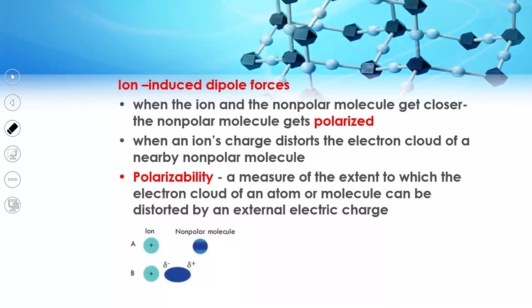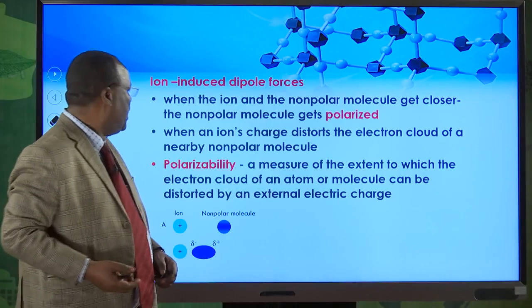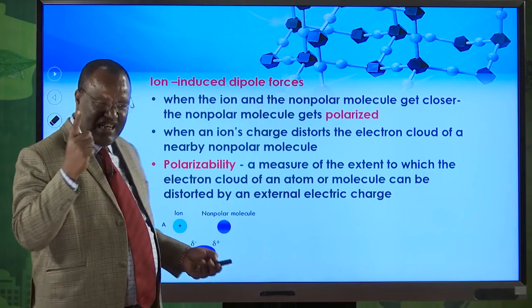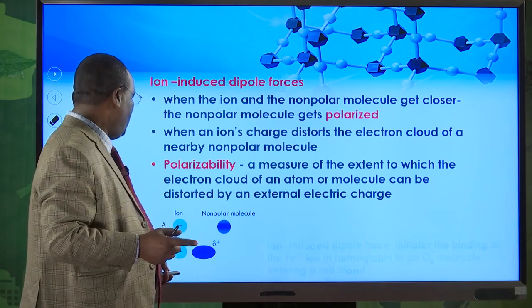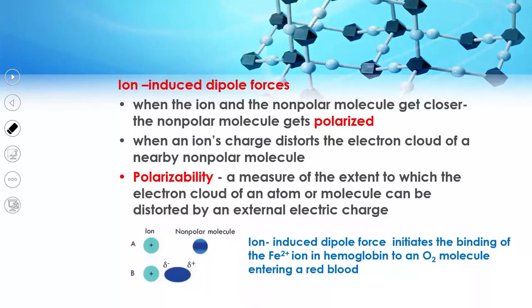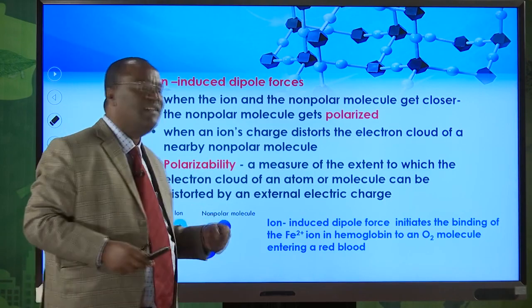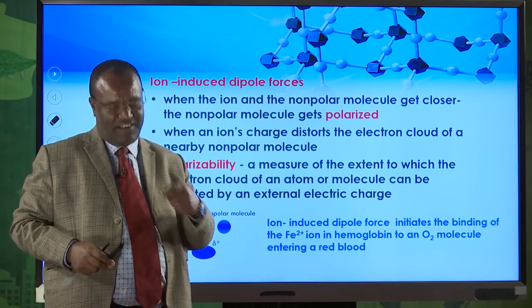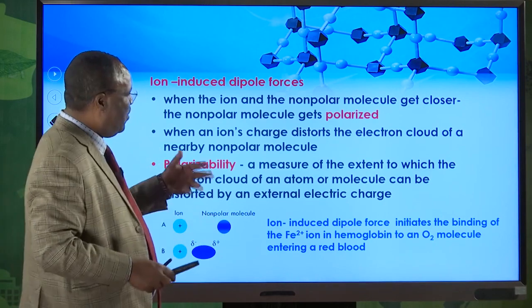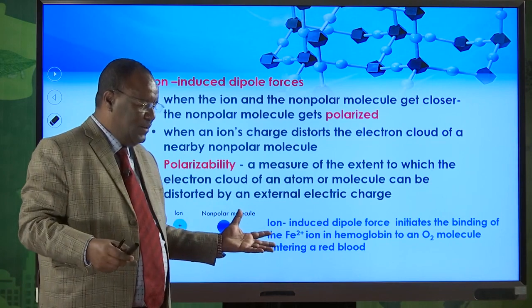Such a kind of intermolecular force of attraction is said to be ion-induced dipole force. The best example for this is that ion-induced dipole force initiates the binding of the iron ion in hemoglobin to an oxygen molecule entering a red blood cell. There is oxygen in the red blood cells.